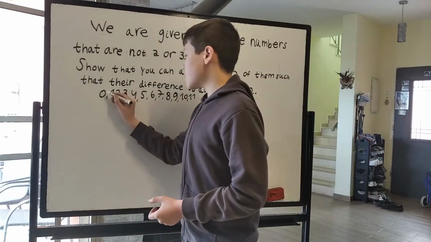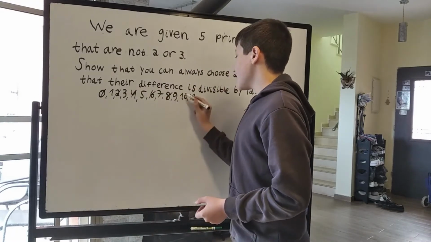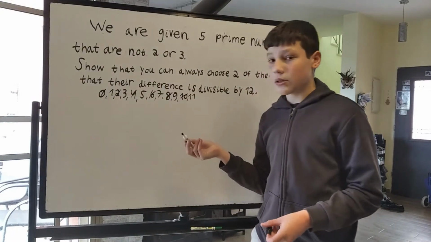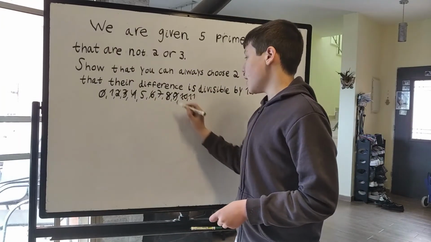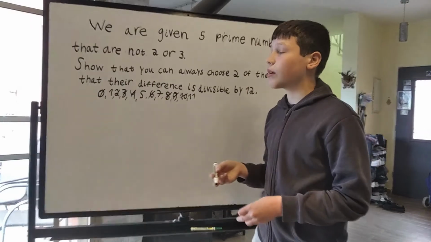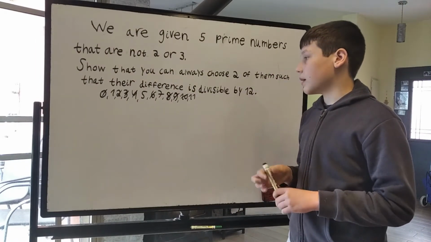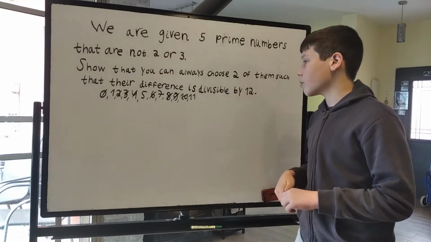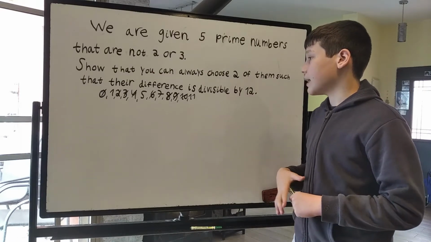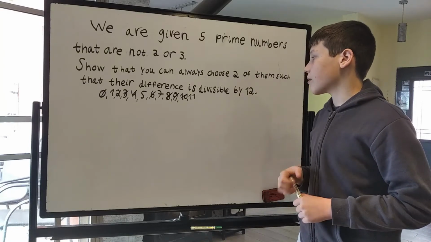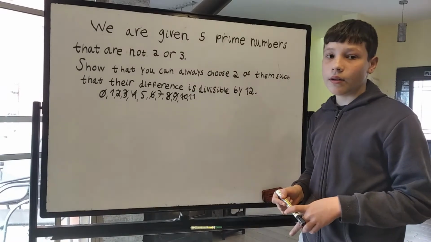So 0, 2, 4, 6, 8, and 10 are ruled out by 2. And then 3 and 9, and 6, but 6 was already ruled out, are ruled out by 3. And finally, that gives us these congruences: 1, 5, 7, or 11.